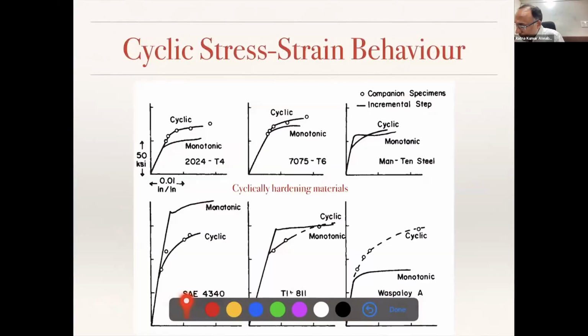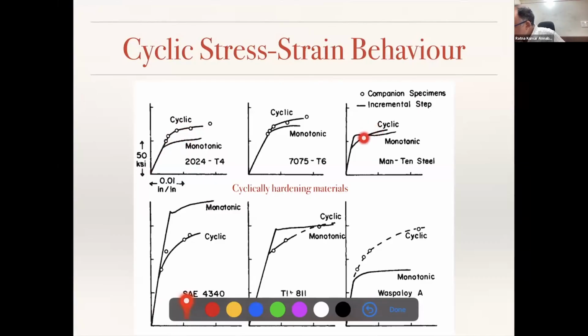So typically for cyclic hardening materials, if you look at this, this is 2024, these are different material systems. For this particular material, you can see this is uniaxial monotonic loading. But if you do the cyclic loading, you can see that the cyclic loading curve is above the monotonic loading curve, which means it is a cyclically hardening material.